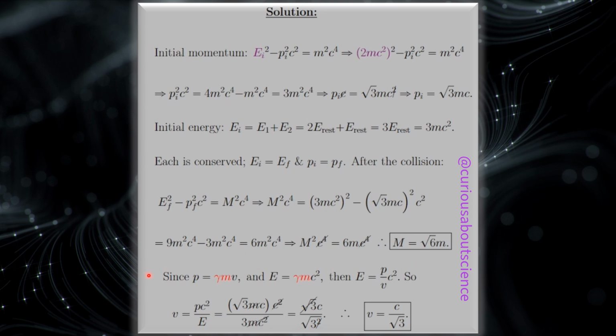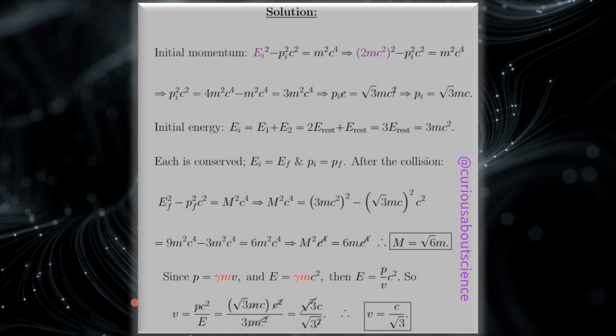However, we also know in the same perspective that since p is equal to gamma m v and E is equal to gamma m c squared, we can substitute the momentum by solving for gamma m as highlighted in red. So momentum over v is equal to gamma m, and we can sub that into the energy equation, and that's where we get p over v times c squared.